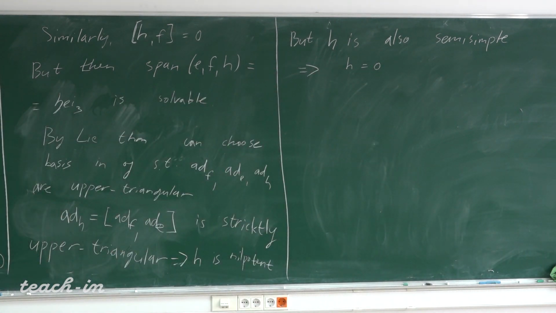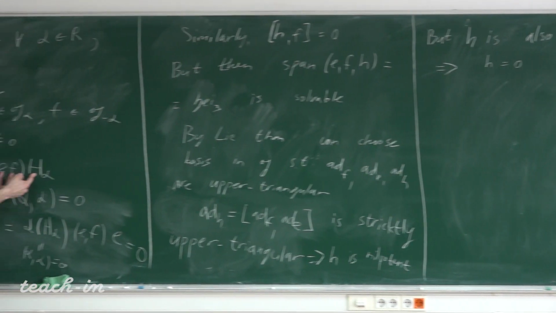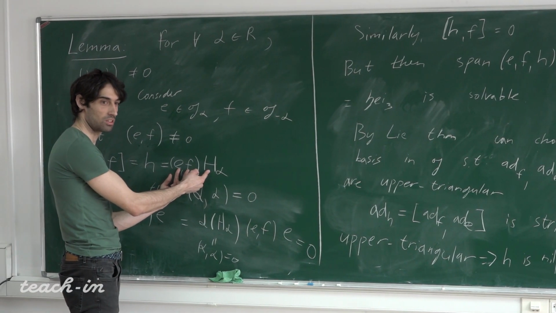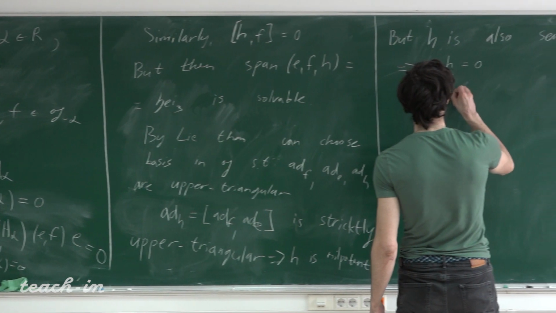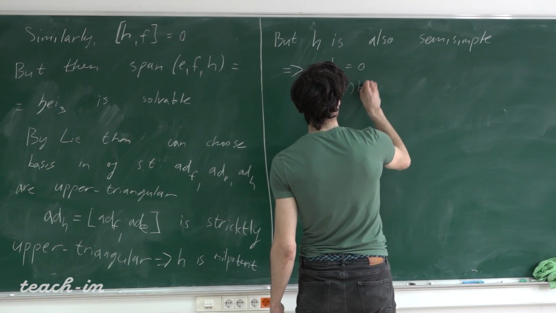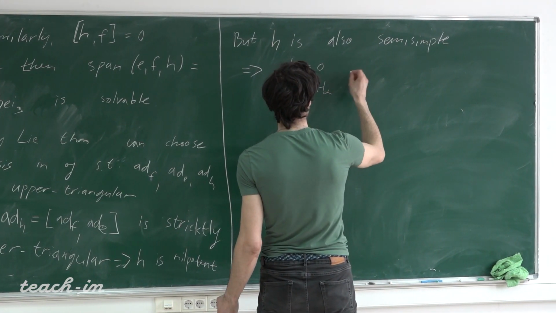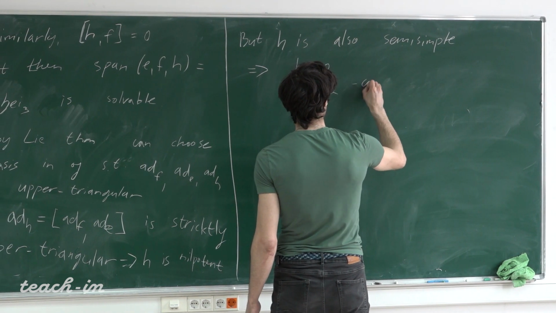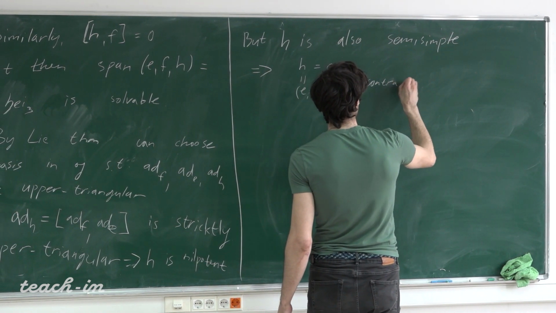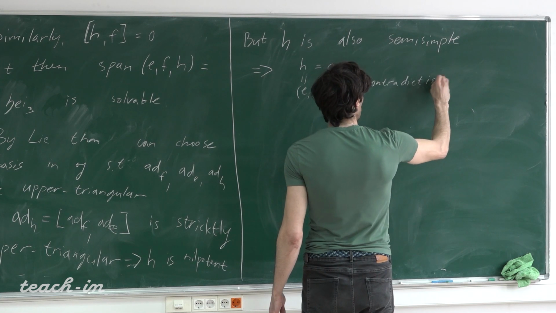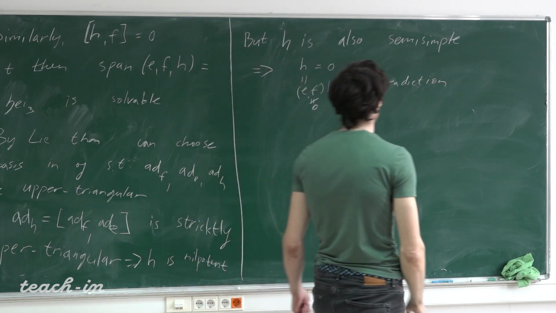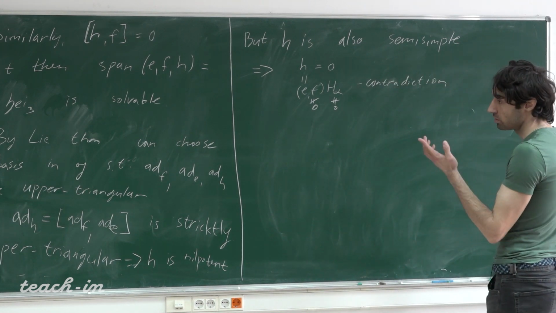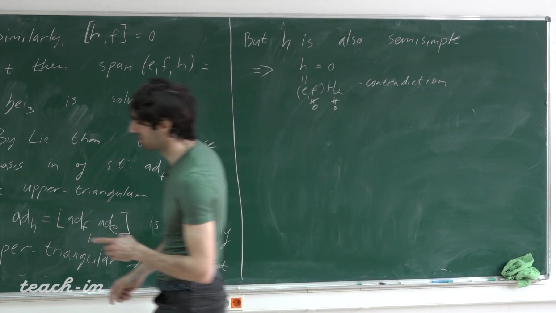It was this thing. This is a non-zero vector. We chose it to be non-zero, right? But this is E, F, H alpha. So this is a contradiction. Therefore, what we assumed is a bad thing.